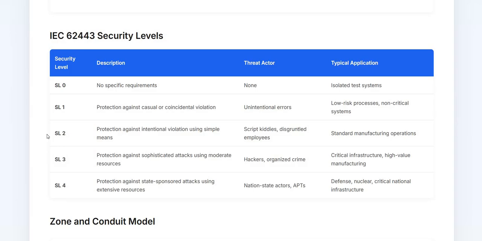This level shows up in high-value manufacturing and infrastructure. Security level 4 sits at the extreme end. This is about defending against state-backed groups with serious resources. You only see these in defense, nuclear, or nationally sensitive systems. The key idea here is proportionality. You don't design every system for the highest level. You match protection to risk.